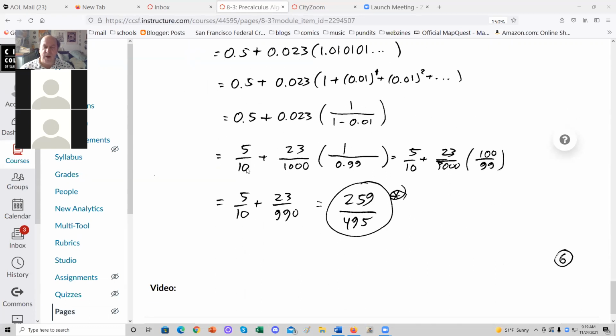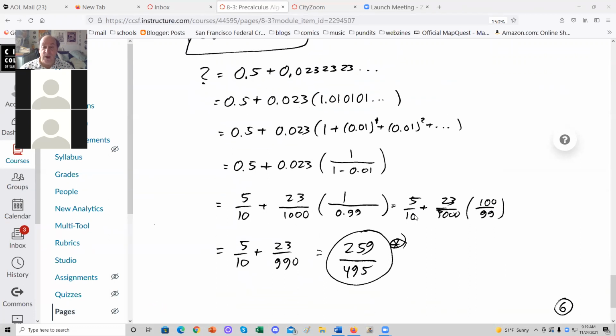Okay, so this is 5/10 plus 23 over 1,000 times 1 over 0.99. And 0.99 is 99 over 100, so this is 100 over 99. A bit of fraction arithmetic gives you 5/10 plus 23 over 990. And a little bit more fraction arithmetic gives you 259 over 495.